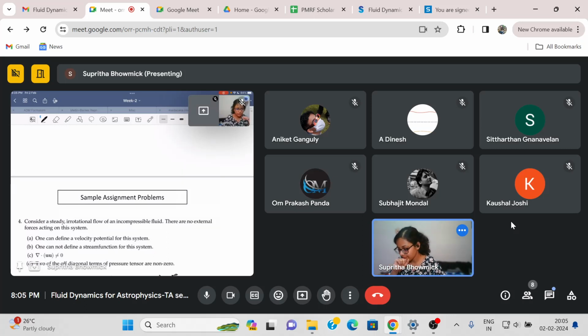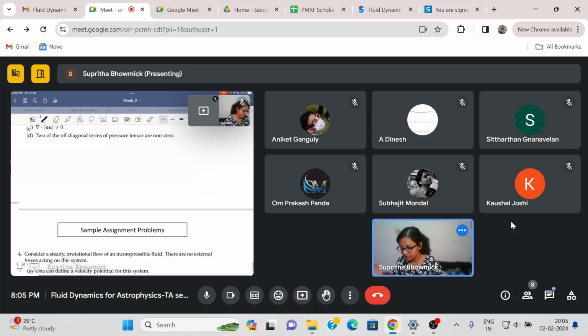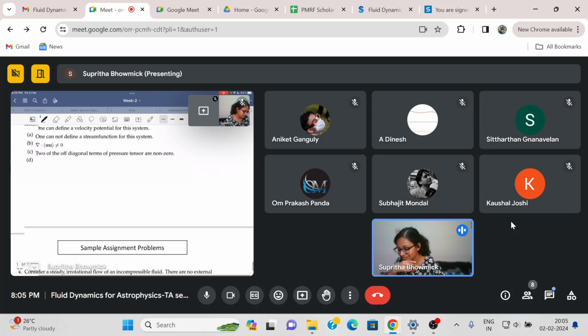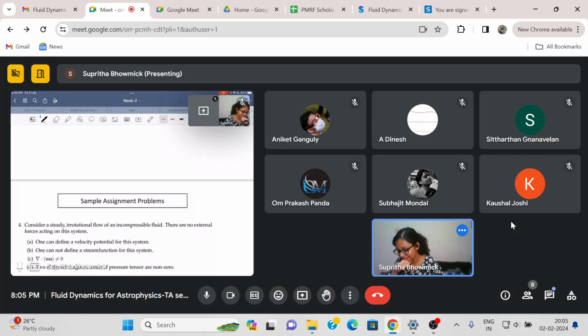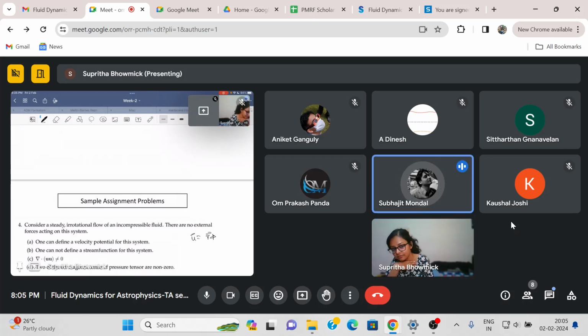Why is that true? Why can I write u as the gradient of a potential? Because the curl of u is zero, right? Correct. One cannot define a stream function for the system. That's not true. You can define a stream function for the system. Two of the off-diagonal terms of the pressure tensor are non-zero.